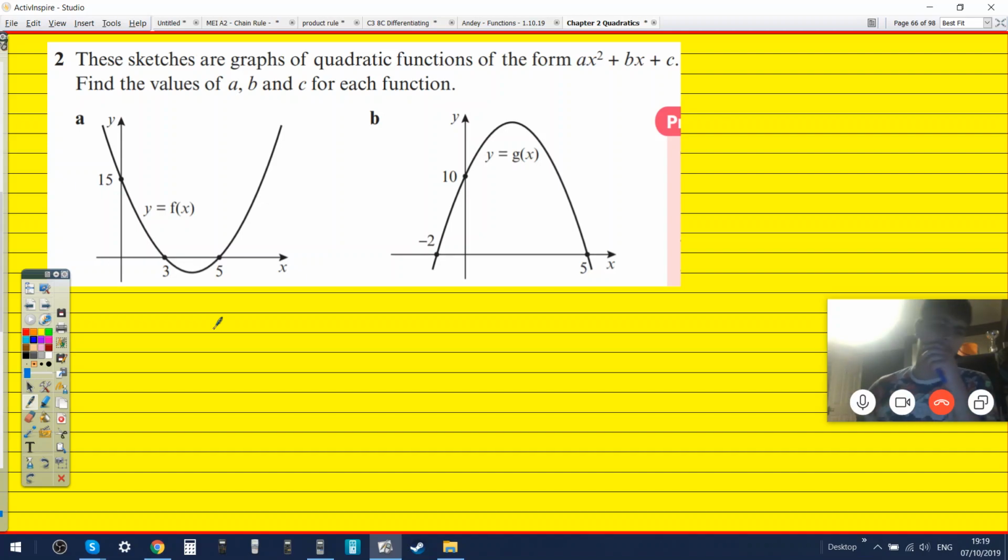So do I need to see that? So, yeah, sorry, go on. Do I need to make it x plus 3 and x plus 5, or x minus 3 and x minus 5?